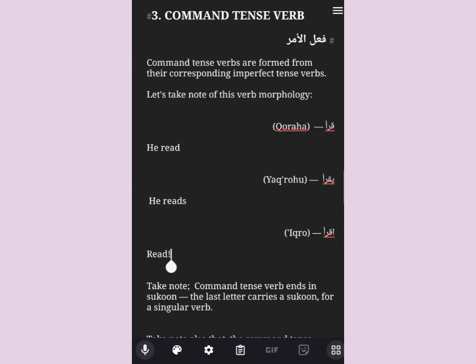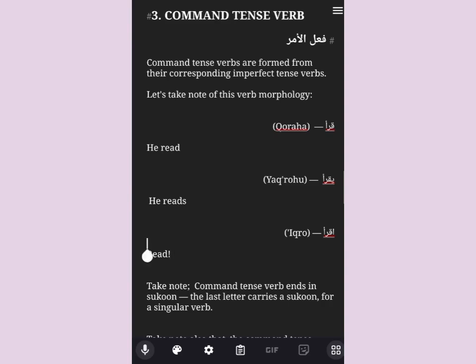First of all, let's look at the morphological transition of this verb قرأ. قرأ is a past tense verb, فعل الماضي. We talked about فعل الماضي in the last lesson; for details, please see lesson 2. We have the verb قرأ, which is 'he read'. Now 'he read' transforms from the ماضي to مضارع by being يقرأ.